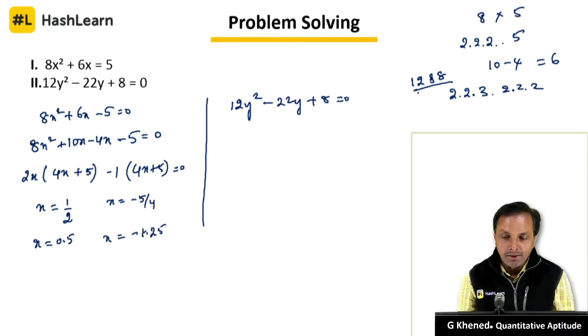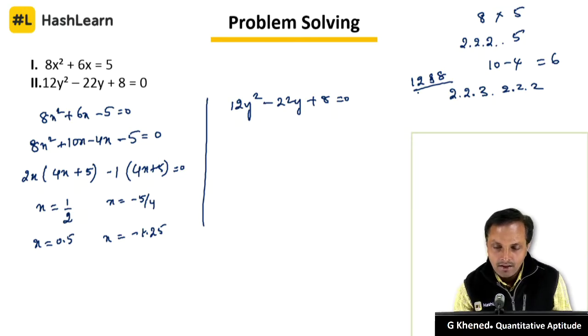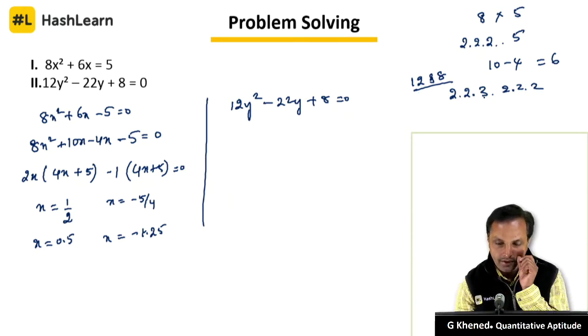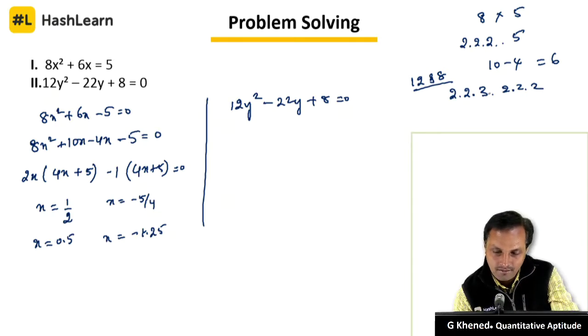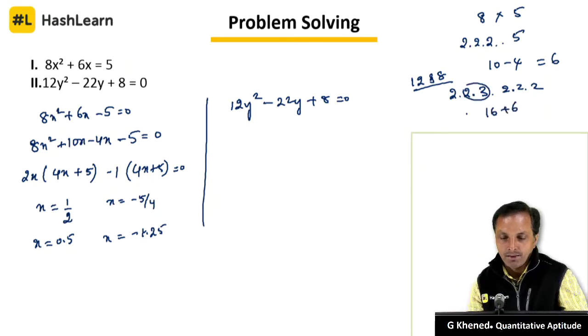You should get 22. 8 3s are 24, minus 4 is 20, no. 3 into 2 is 6, 16 plus 6 is 22.